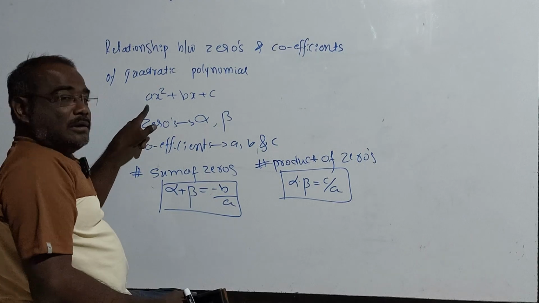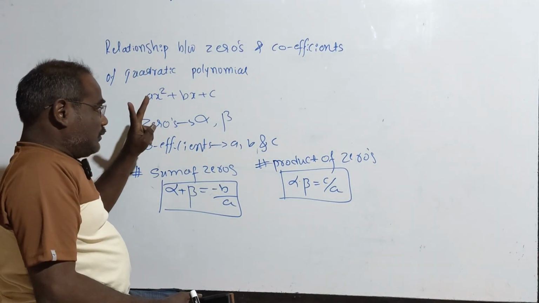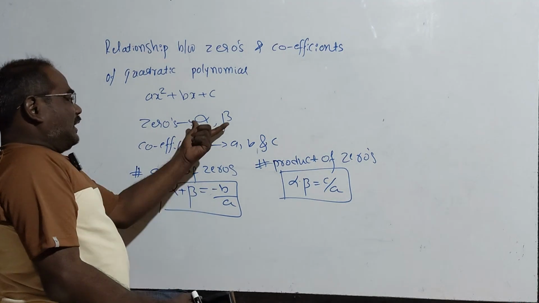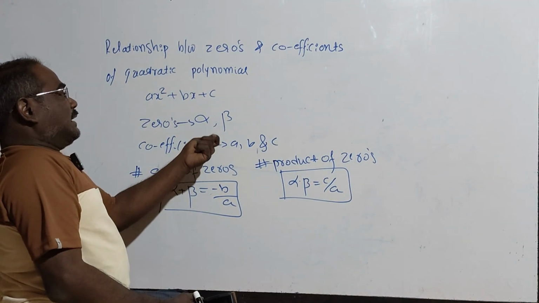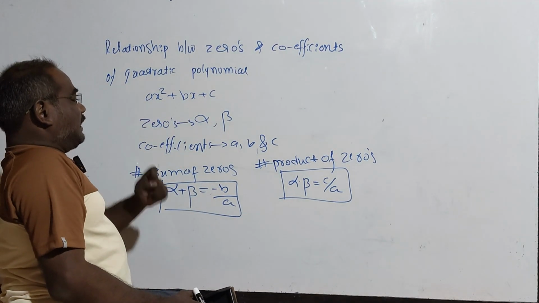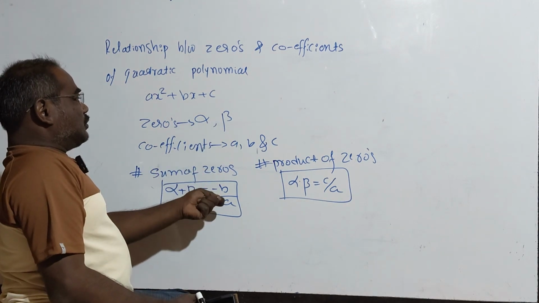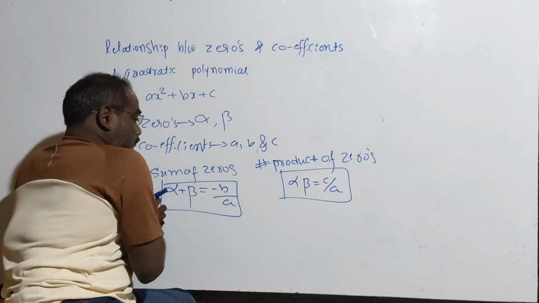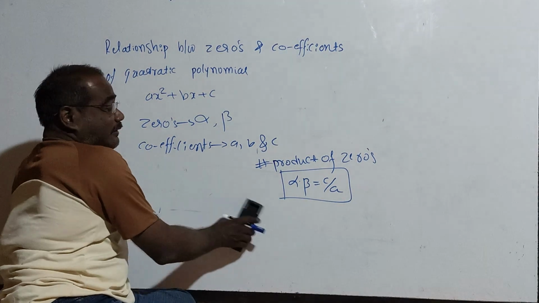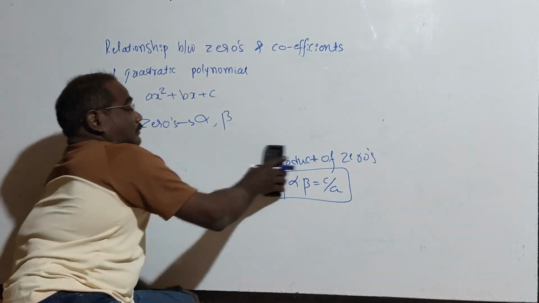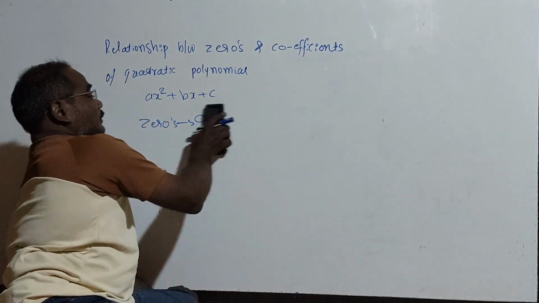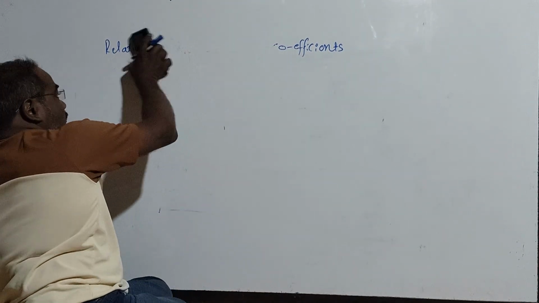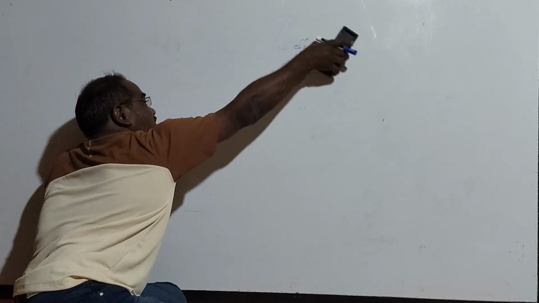Again I am telling, quadratic polynomial has two zeros, one is alpha and one is beta. If we add these, it is always equal to minus b by a. If we multiply the zeros, it is always equal to c by a. We will verify now with the example, whether it holds or not, we will check it.